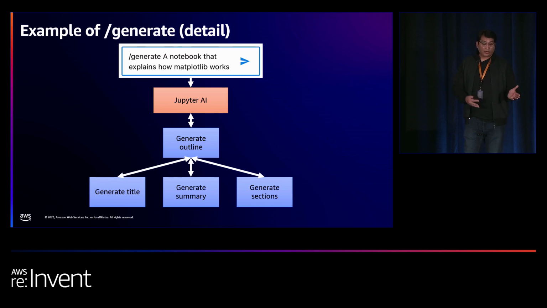For example, one task will be generating the title, another generating the summary for the notebook, and then another set of tasks for creating different sections and cell contents for the notebook. All this happens asynchronously. This is non-blocking. While Jupyter AI is doing this, you can still keep asking other questions within the chat UI. You can keep using the magic commands in the notebooks, and those will still work.